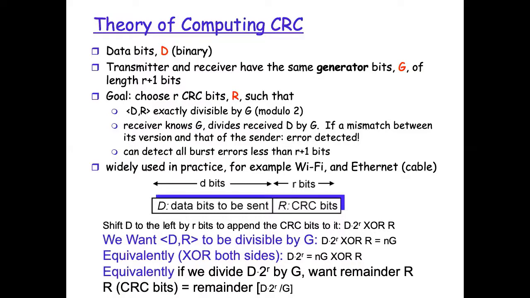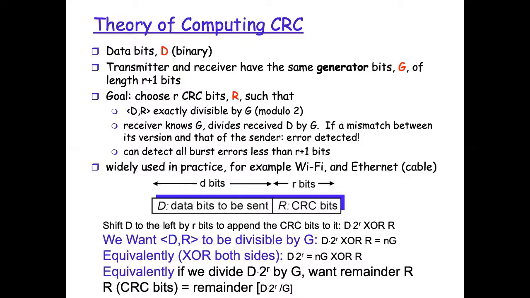Okay, now how to concatenate the CRC bits. We concatenate the CRC bits with D. To do that, we need to shift D to the left by R bits, and we shift by multiplying D with 2 to the power R, and then XORing with R to append the CRC bits.